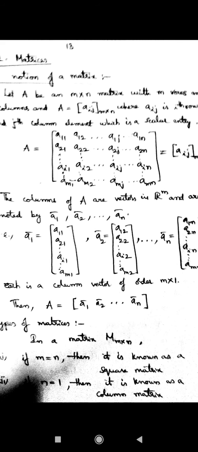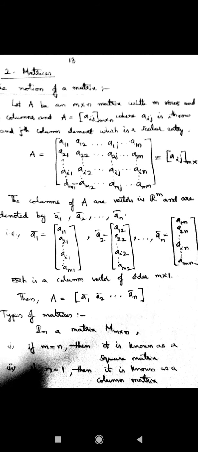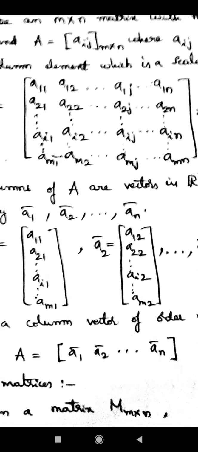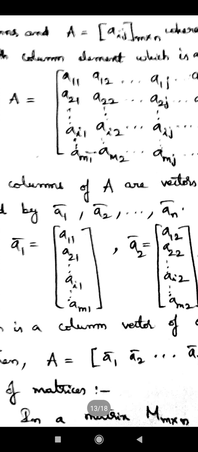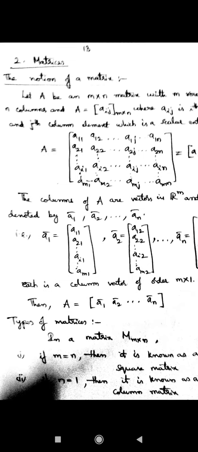So now the matrix can be briefly denoted as capital A equal to the matrix form A1 bar, A2 bar, so on, An bar. Here remember that A1 bar is a column vector with elements a11, a21, ai1, so on, am1, as we can see here. So that is the way we denote a matrix in the later classes.